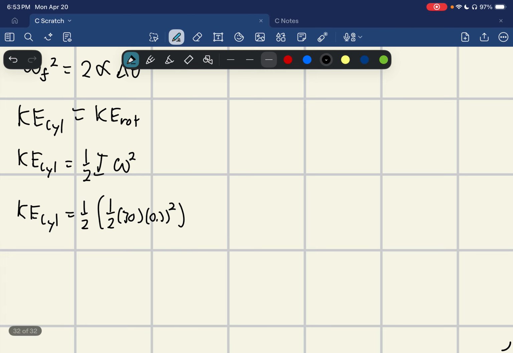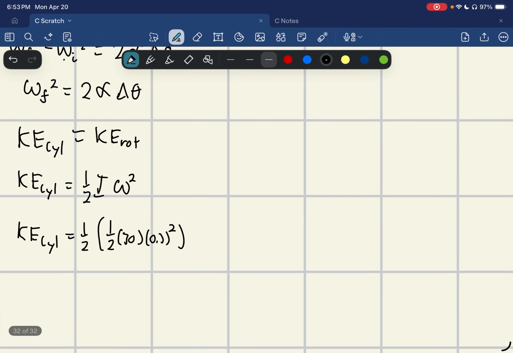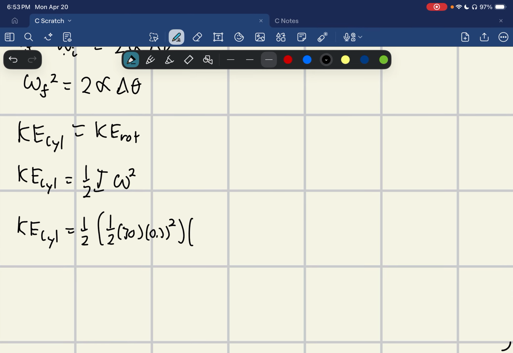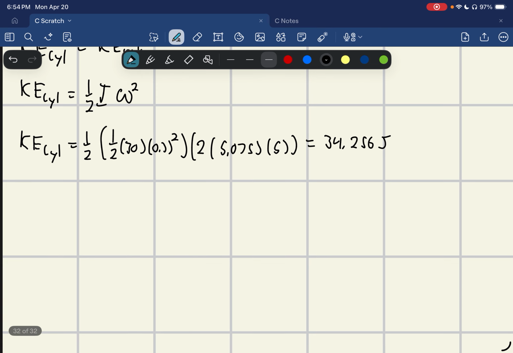And then we solve that omega f squared is 2 alpha times your displacement. So plugging that in, 2 times 5.075 times 5. And then you will get half times 30 times 0.3 squared times 2 times 5.075 times 5. You will get 34.256 joules.